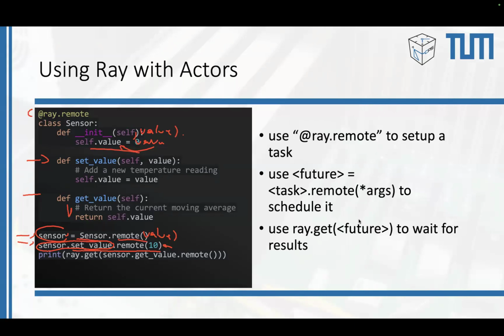And then when you want to get the result, there are two times that you have to use Ray. The first one is to access the method and tell it that you want to use it by using remote on the method itself. You don't pass anything here because the only argument is self. But then once you have this, what do you get? When you call get value remote, what do you get?